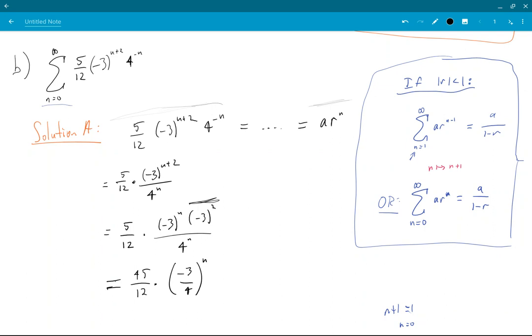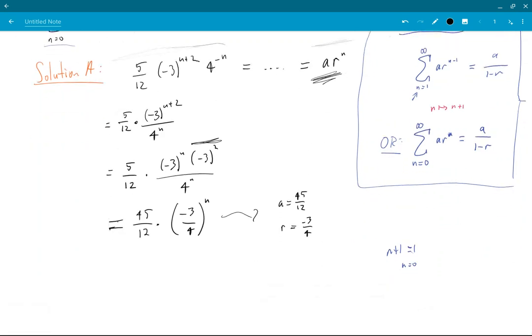So where am I going now? So I got what I wanted, right? I got a times r to the n. So from here, I see that a is 45 over 12, and r is equal to minus 3 over 4. So the sum is equal to a over 1 minus r, which is 45 over 12 over 1 plus 3 over 4, which is 45 over 12 over 7 over 4.